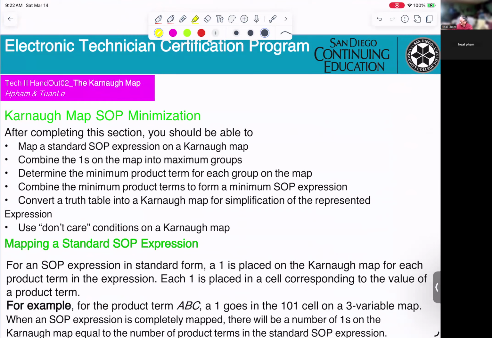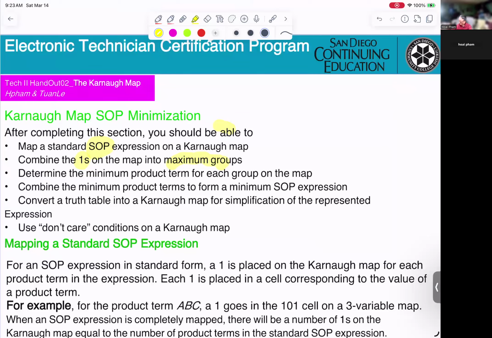Map SOP. Okay. After completing this section, you should be able to map a standard sum of products SOP expression on a K-map. Combine the ones on the map into maximum groups.